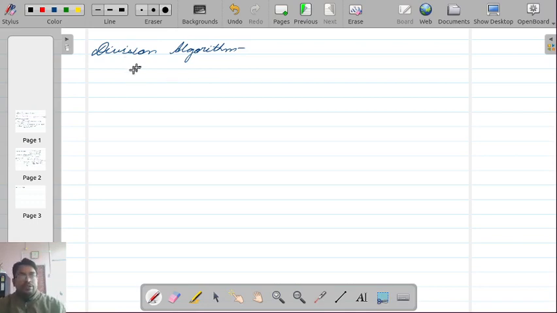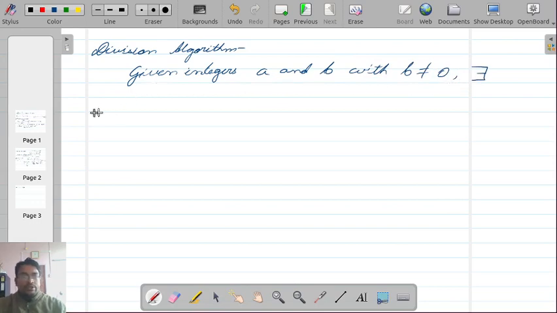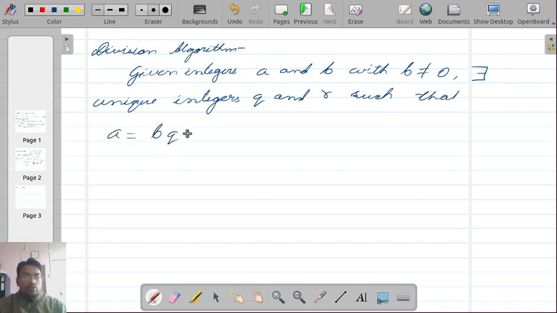Given integers a and b with b non-zero, that is, b is not equal to 0, there exist, this is the symbol for there exist, unique integers q and r such that a is equal to b into q plus r, where there is some restriction: 0 less than or equal to r strictly less than modulus of b.